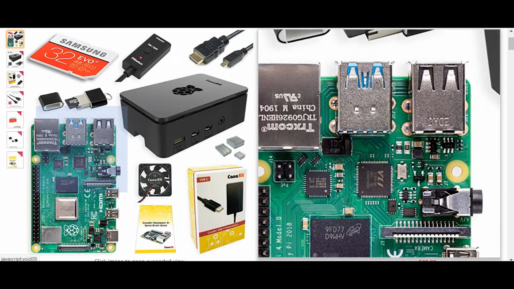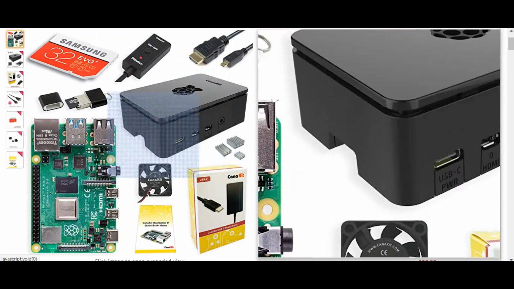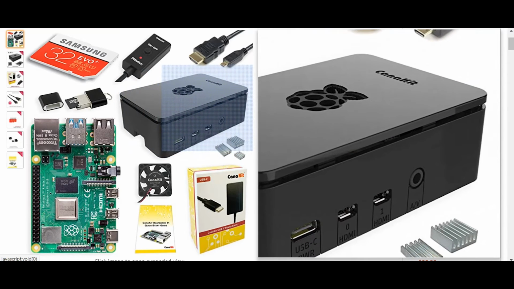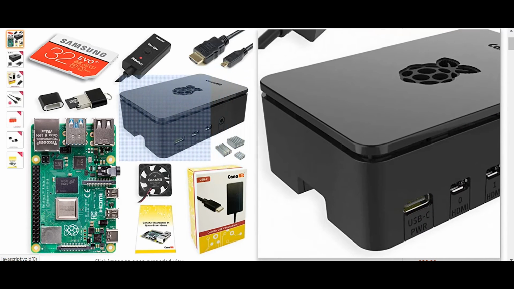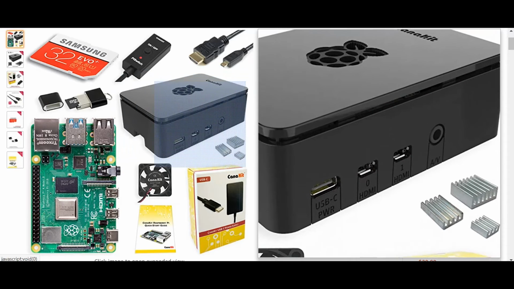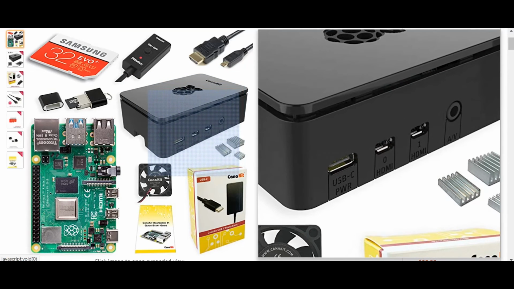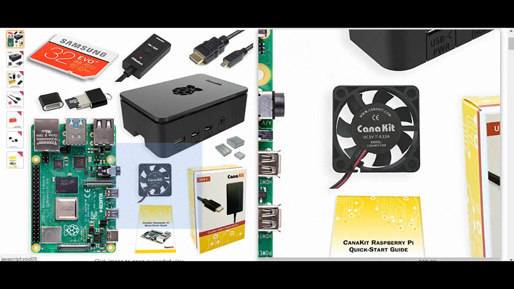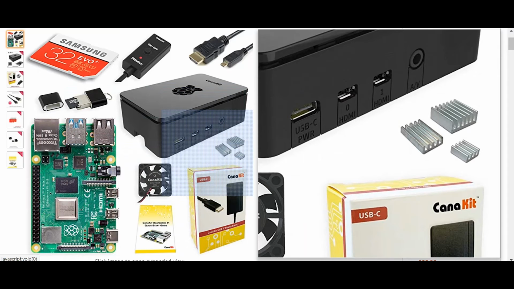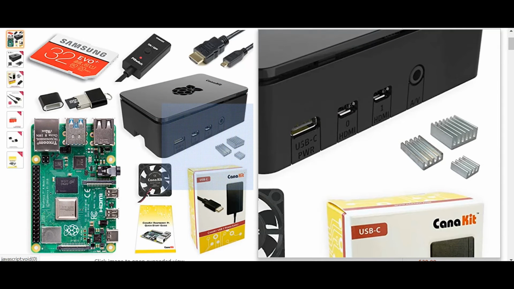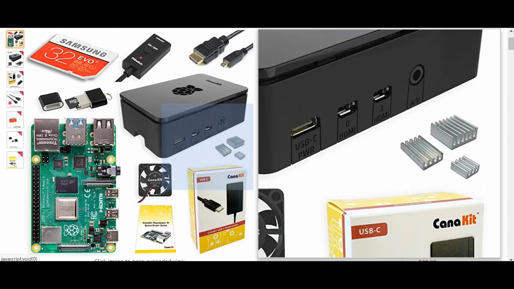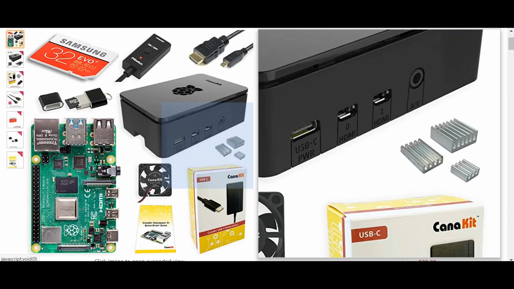So this is the motherboard, again the same motherboard, and here we have a neat cover. It's nice to have the motherboard inside this cover, which really fits all the ports. You have a fan and you have heat sinks. By the way, these heat sinks are not provided with Raspberry Pi, so you have to buy them, and they're supposed to be compatible with the model that you buy.